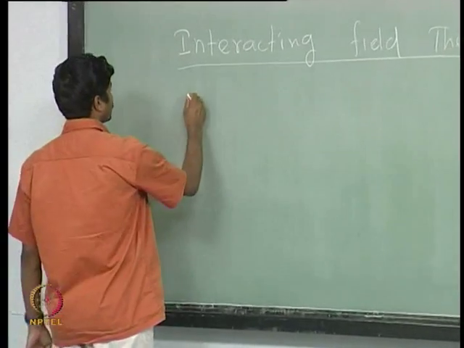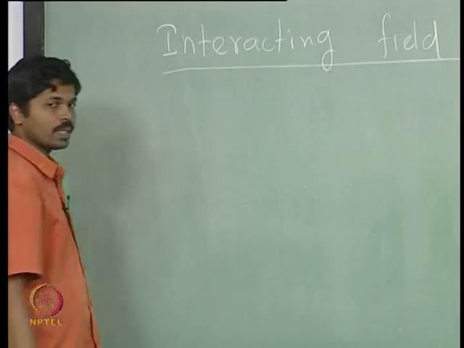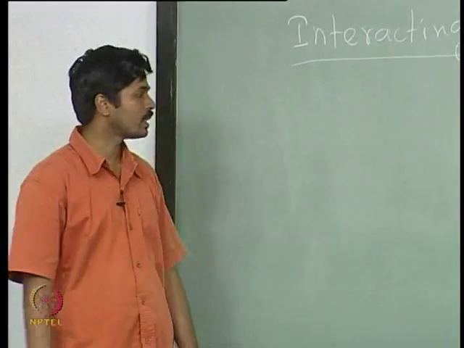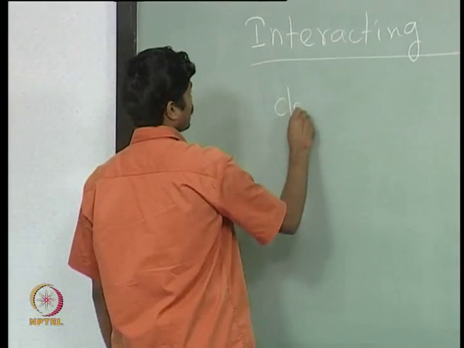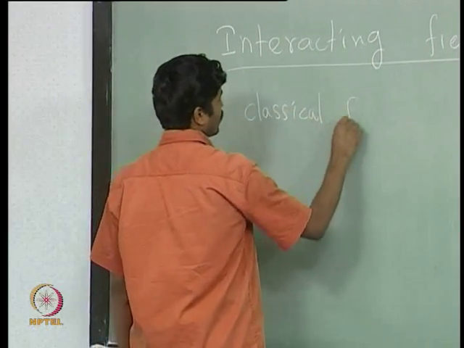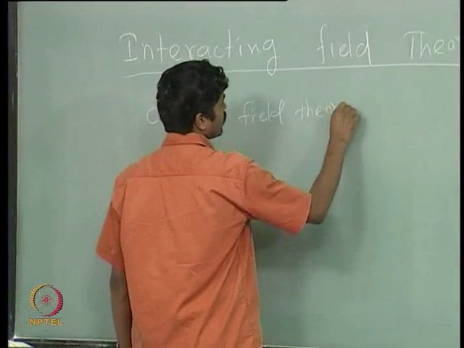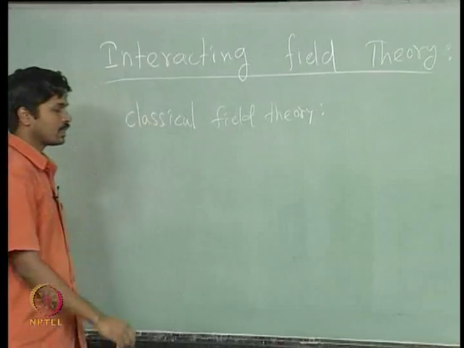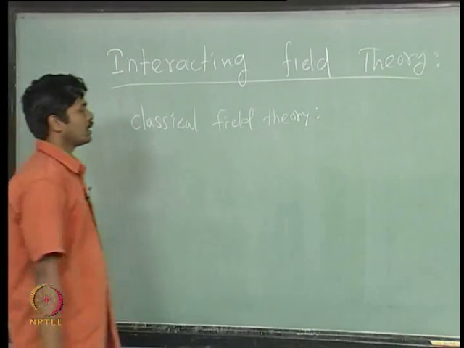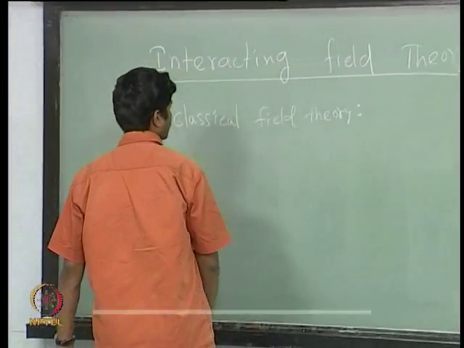So, let us first consider how interactions appear in a very natural way in classical field theory. And then we will discuss how we can study interacting quantum field theories.